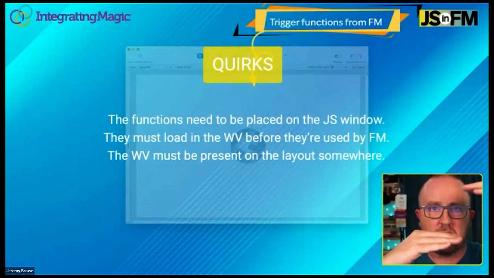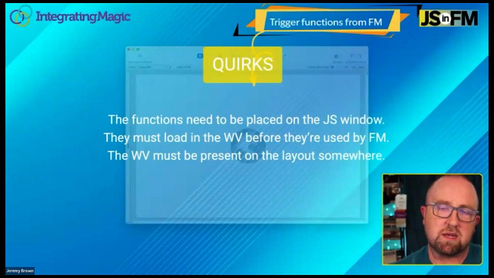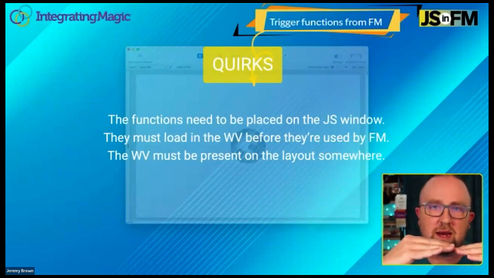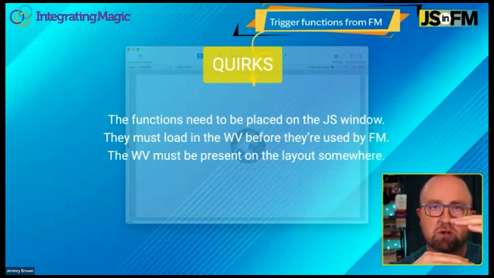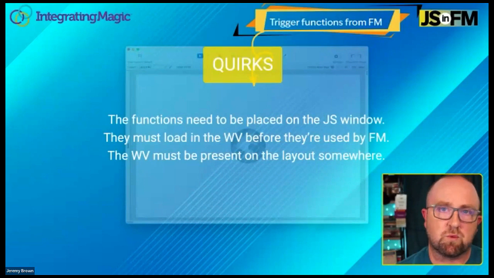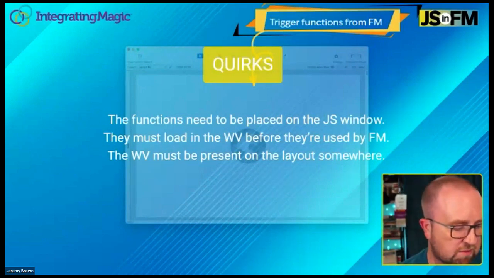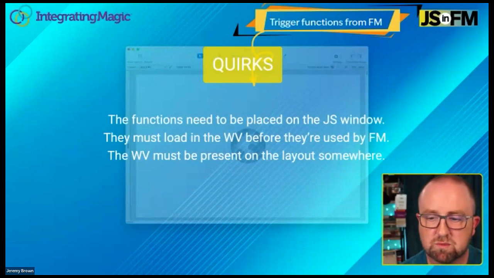FileMaker can only go so far down into the browser to get code out of it. So we have to take the functions that we write and in some way elevate them to what is called in JavaScript the window or the global space. Once a function is there, then we have freedom to do that. And I'll show an example of that.